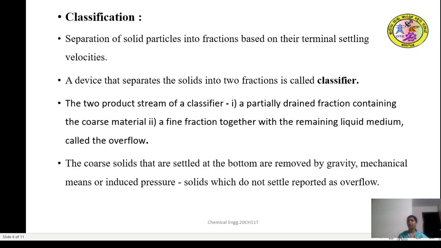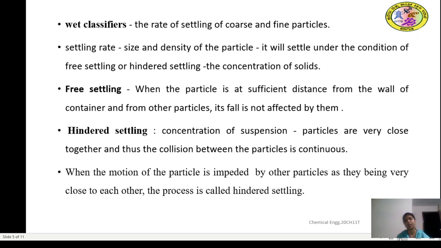So the classifier separates into an overflow and an underflow. The overflow has fine material and the liquid, and the underflow has the coarse particles. The coarse particles always settle at the bottom and can be removed by gravity, mechanical means, or any means like induced pressure. The particles which do not settle are considered as overflow; they are usually fine particles because they are less dense.